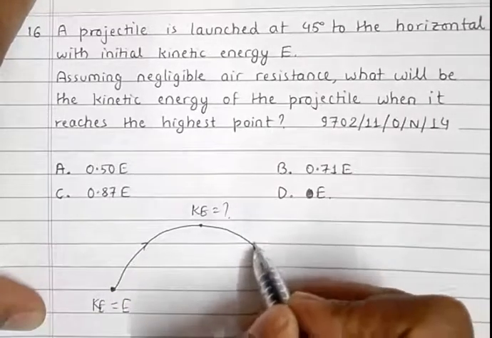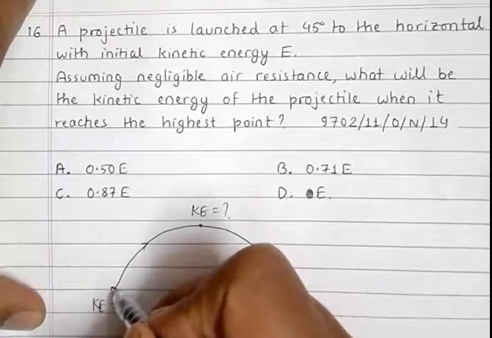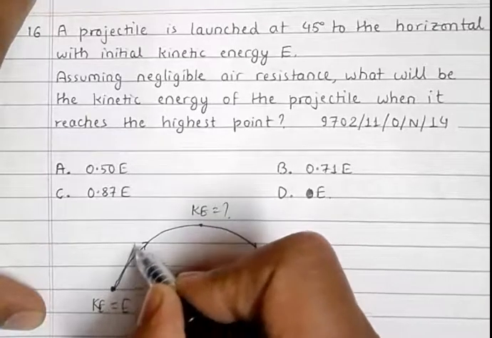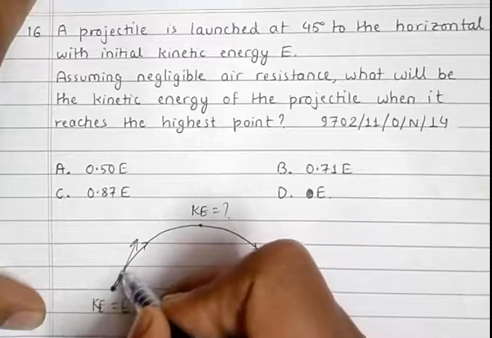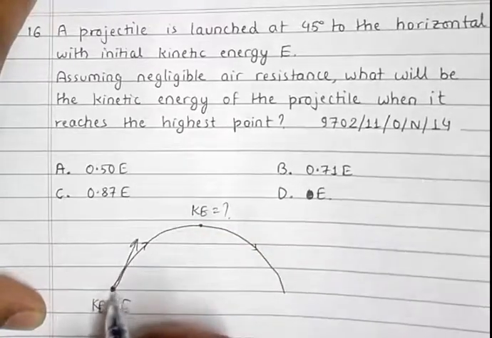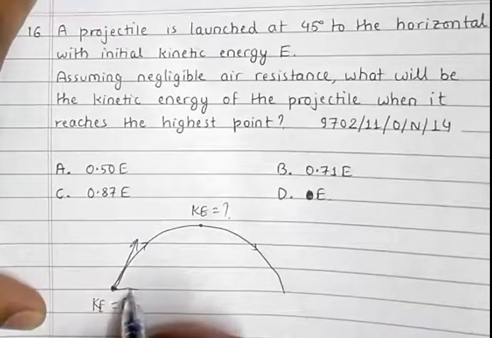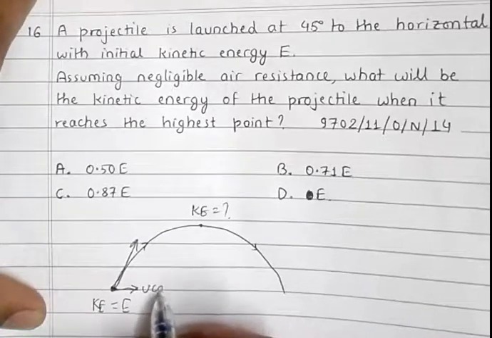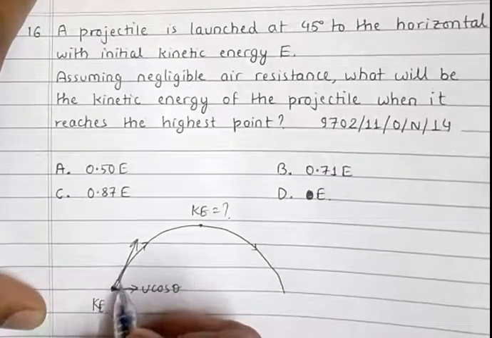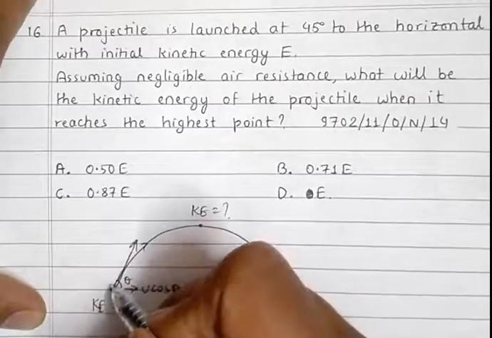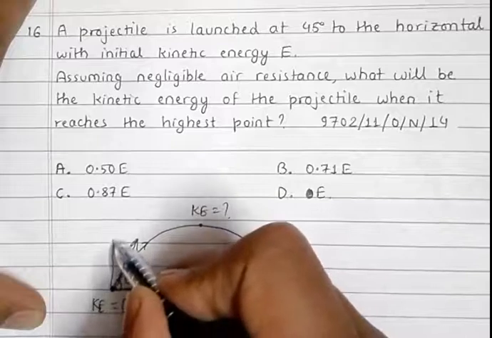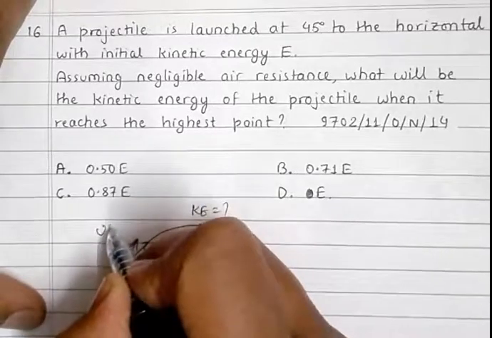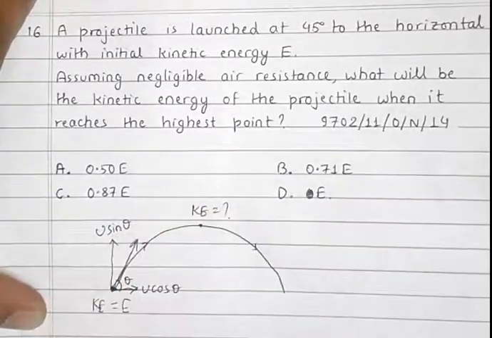So first we have to remember that if the launching velocity here is U, the horizontal component will be equal to U cos theta if this angle is theta, and this vertical component will be equal to U sin theta.